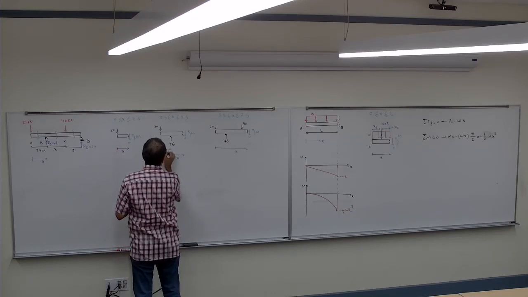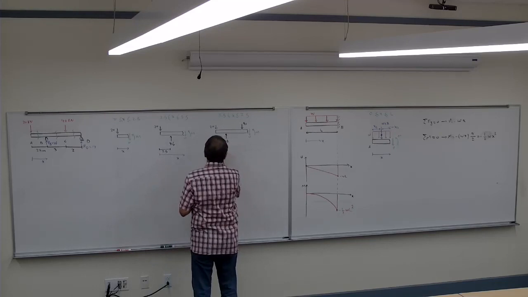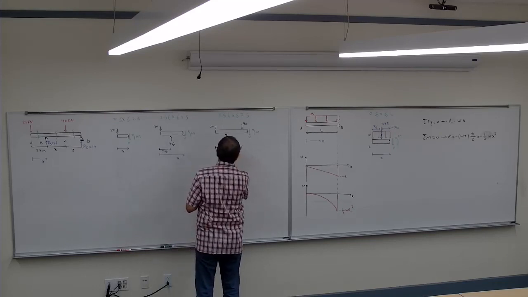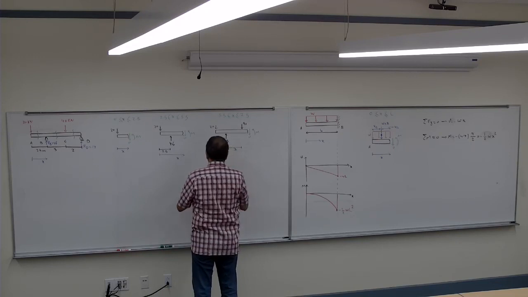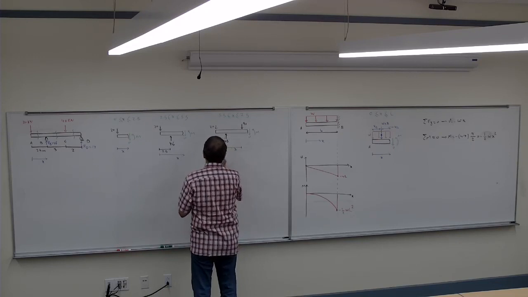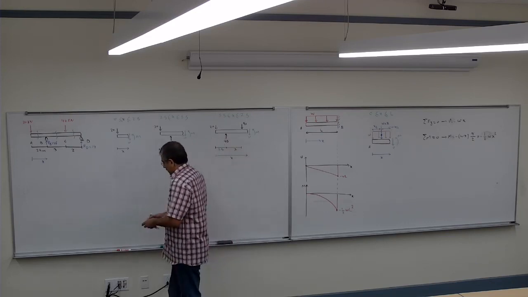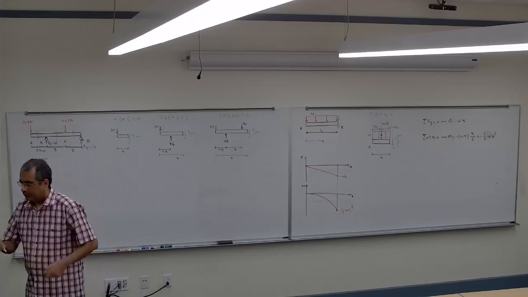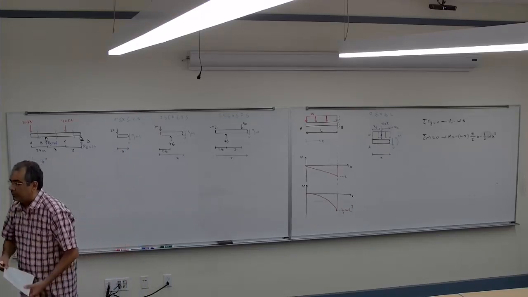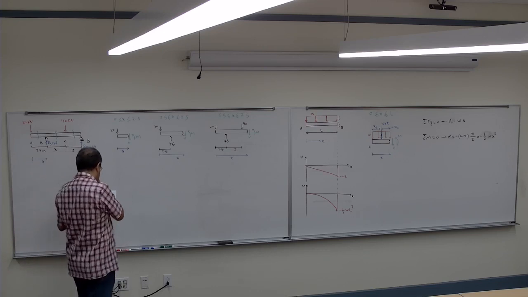That is 2.5. If I do that for each of the sections, I'm just going to write the values.